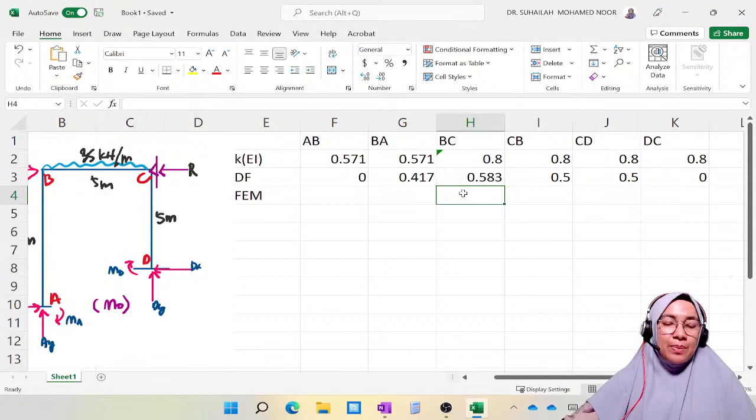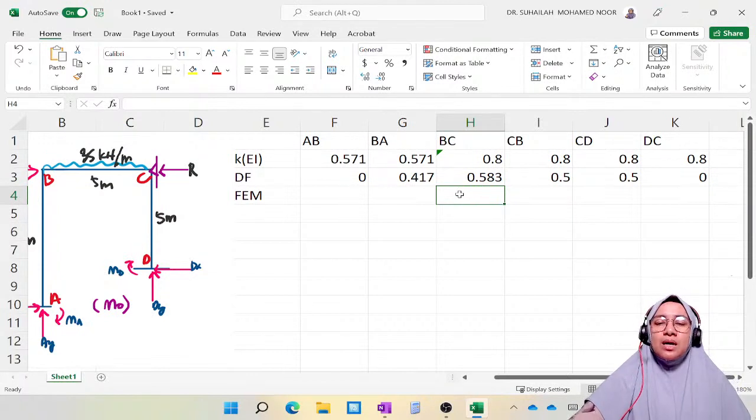I believe everyone remembers the formula, and we have to put a negative sign representing the behavior. I have explained the concept of FEM in the last three videos. One is negative and one is positive because of the behavior.